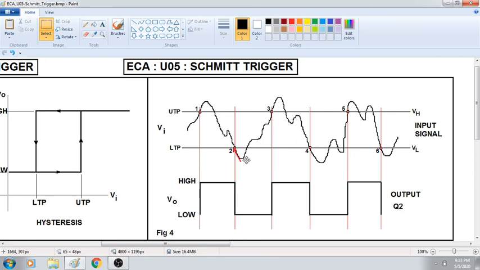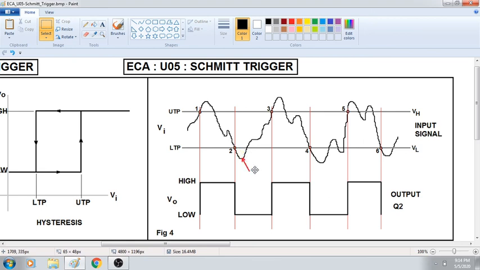That means only at point 2 the output will become low from high. Again, once it becomes low, the threshold point will again change, because Q1 has become off, Q2 has become on, the reverse has happened. So the LTP will become UTP.